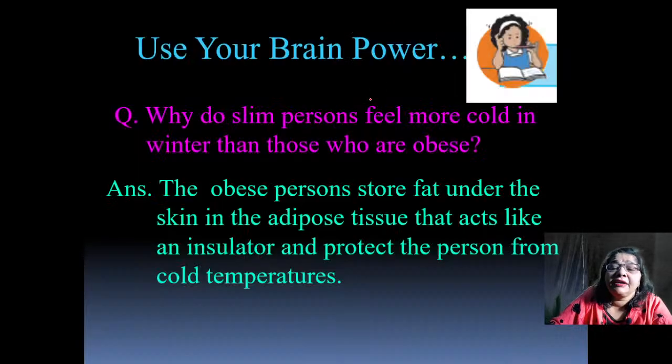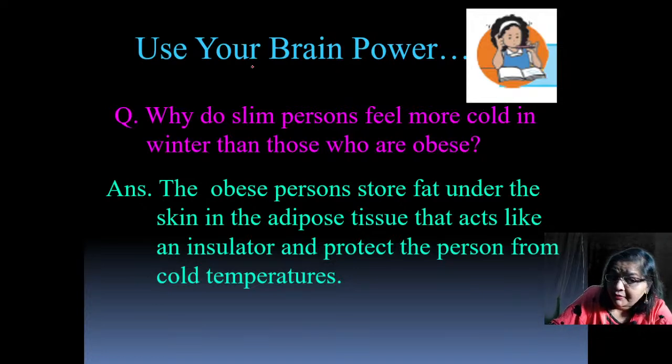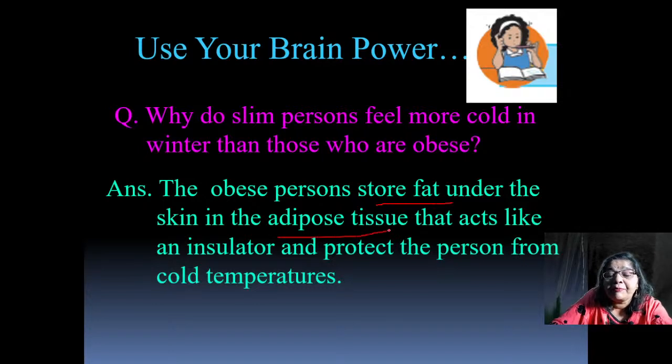Now let us see how you use your brain power. Come on, try to answer this question. Why do slim persons feel more cold in winter than those who are obese, who are fatty? Now, the answer is that obese persons store more fat under the skin, in the adipose tissue, that acts like an insulator and protects the person from cold temperatures.